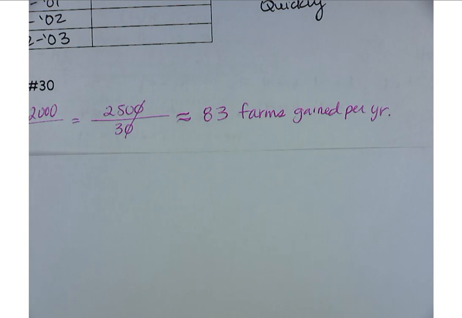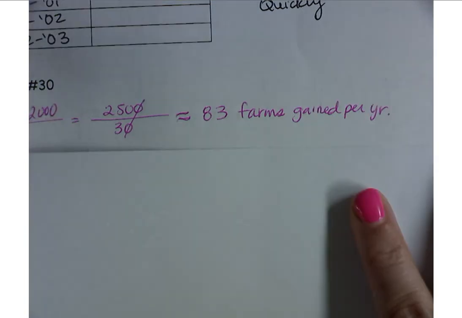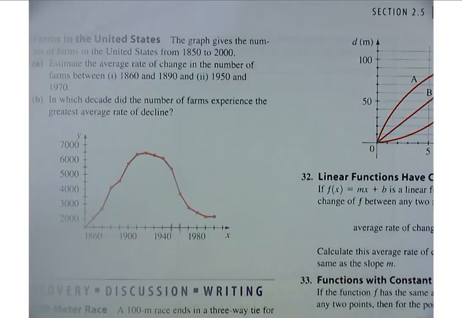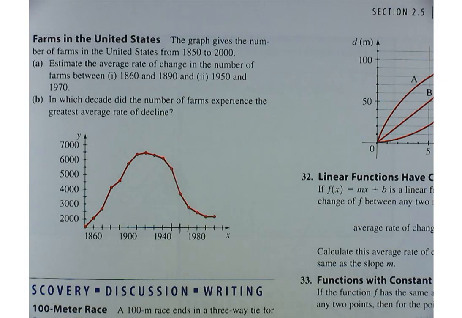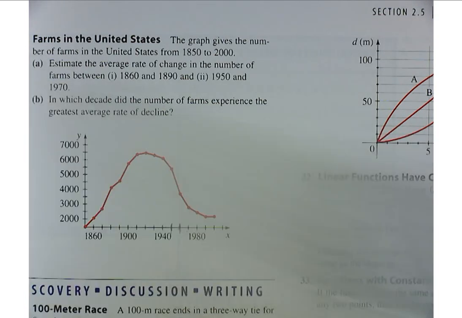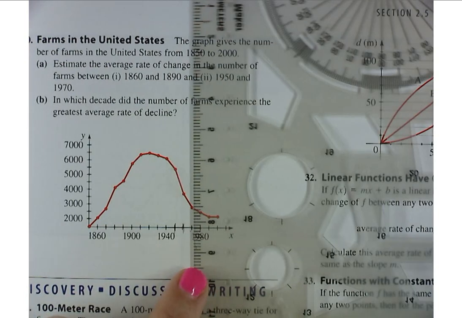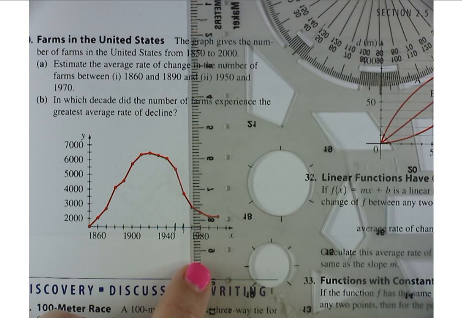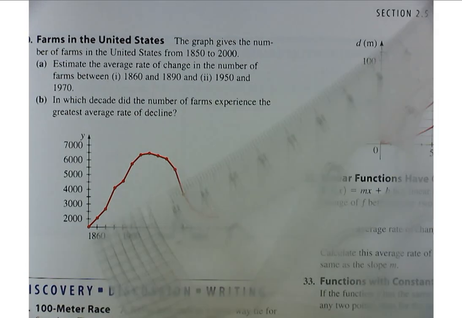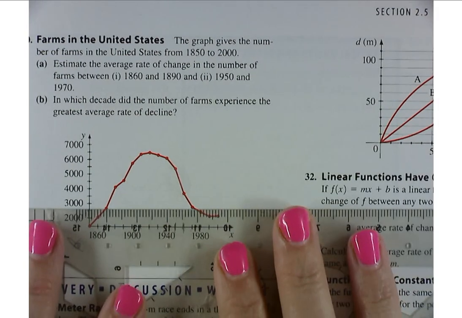Okay, and then we're going to try part 2. So Lucas, for part 2, what are we trying to find? The number of farms gained or lost between 1950 and 1970. Okay, so 1950 and 1970. For 1970, looks like I'm right here. So I'm going to follow that across.